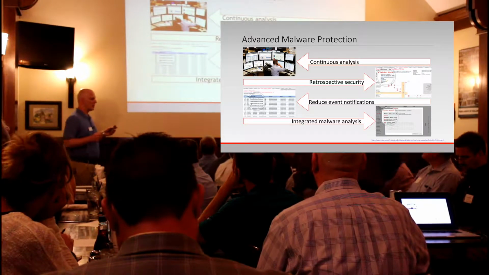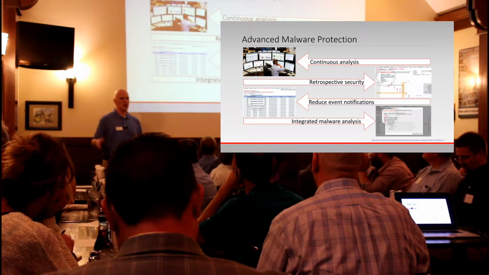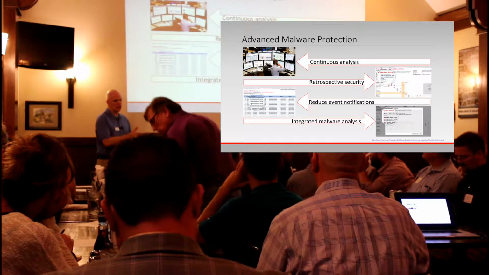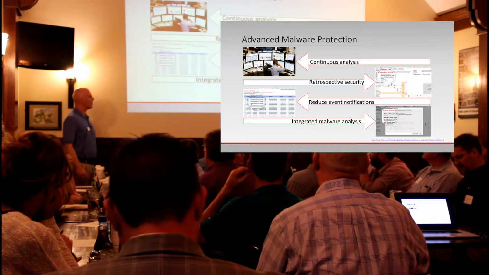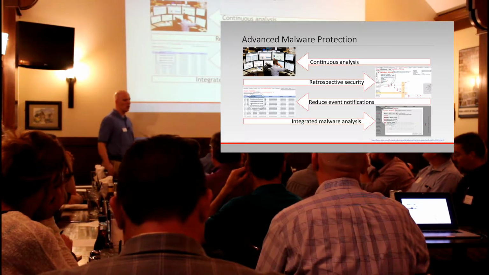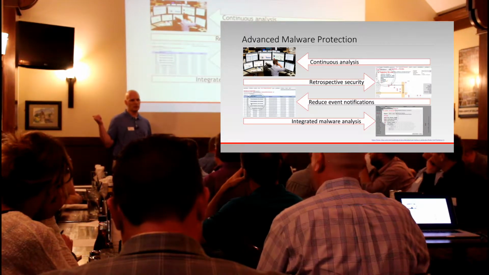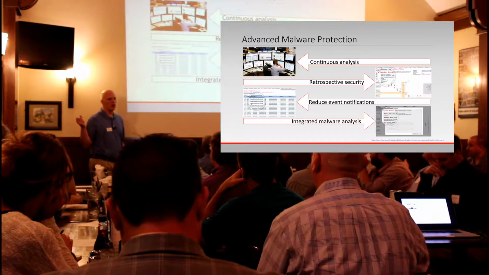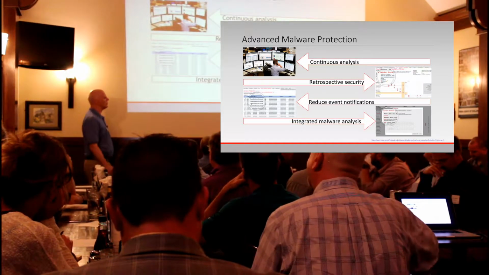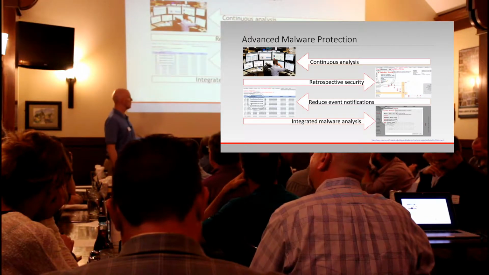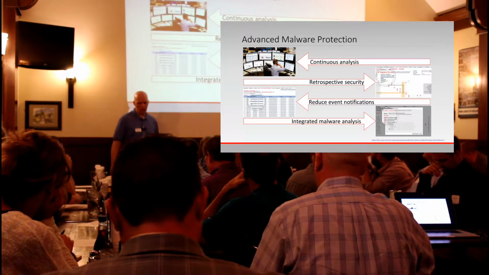It looks at whether that file's disposition is going to change down the road. First it comes through and it looks like it's benign, but come to find out later it's malicious. Retrospective security means it can tell you, hey, you remember that file that we let through some time ago? Well, that file is actually malicious. And then reduced event notifications, meaning fewer false positives, and integrated malware analysis.